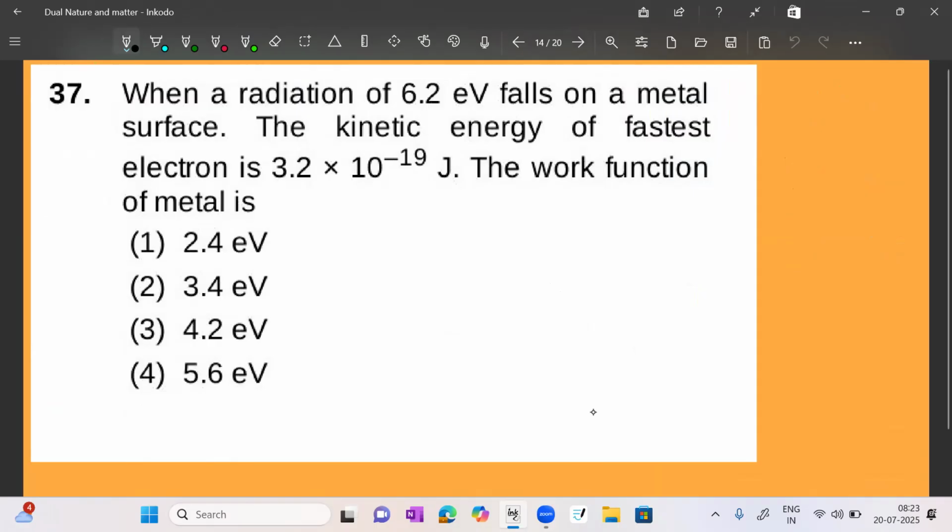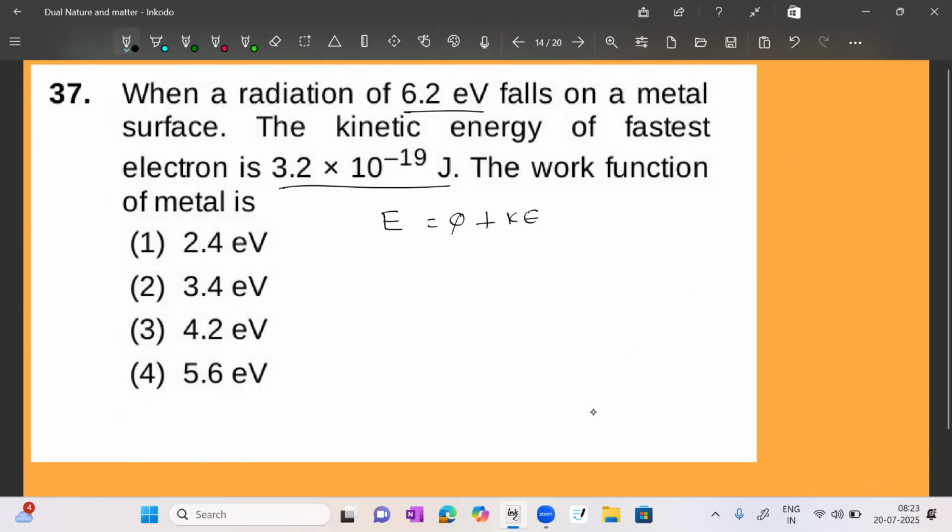The work function of a metal, radiation 6.2 electron volt. The kinetic energy of the fastest electron is 3.2 into 10 power minus 19 joule. Then they ask the work function. So we have the formula, energy equals work function plus kinetic energy.